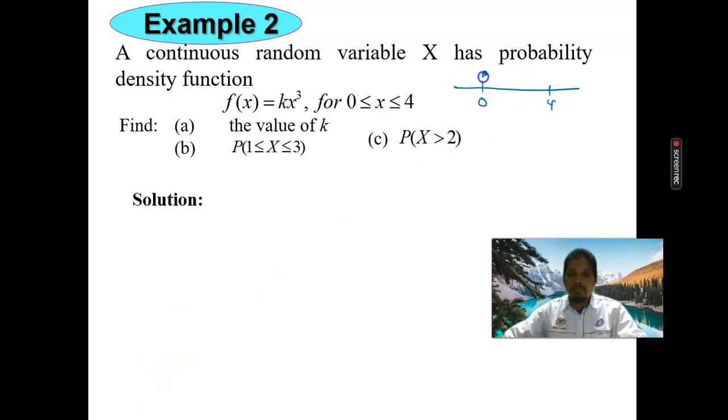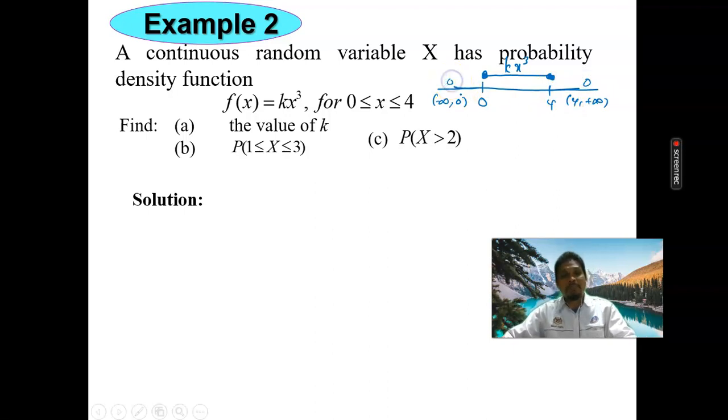From 0 until 4, this is the domain of this function kx cubed, and the rest, from negative infinity until 0, and from 4 to positive infinity, the function is 0. Okay, so find the value of k.